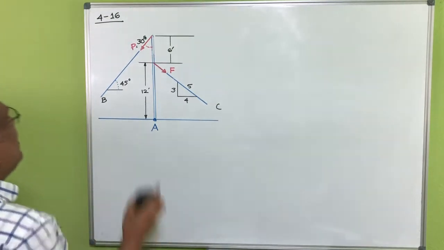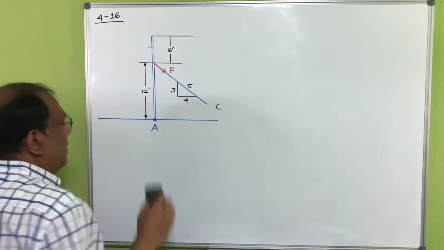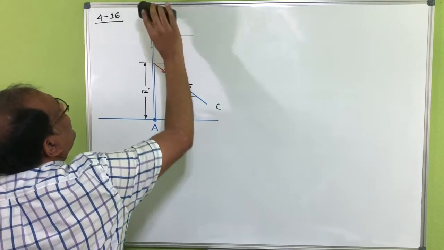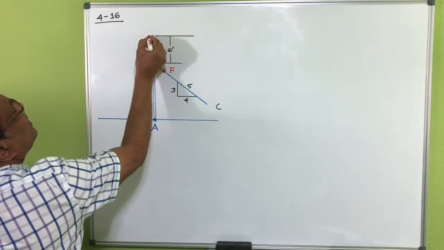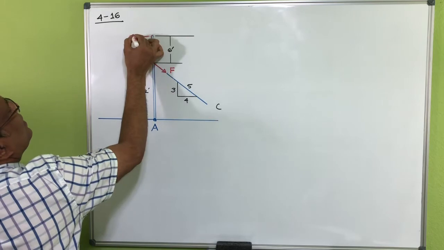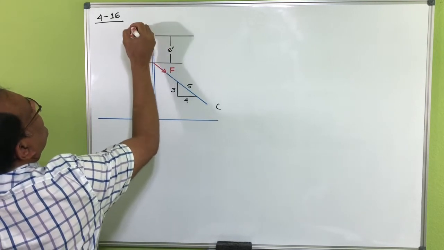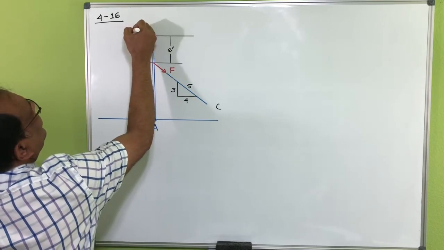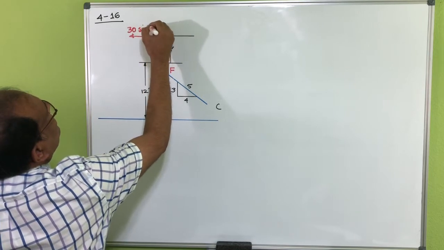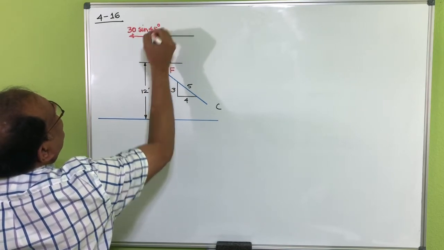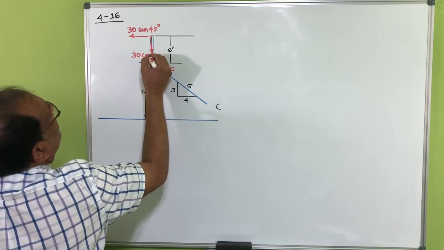So if I resolve that force here, this one has to be 30 sine 45 and this is 30 cosine 45.